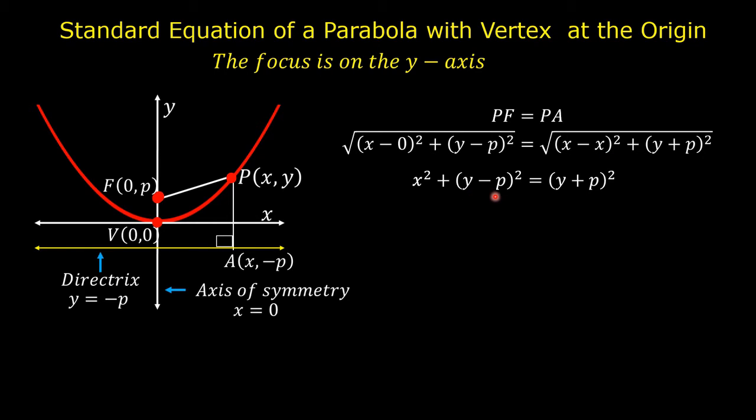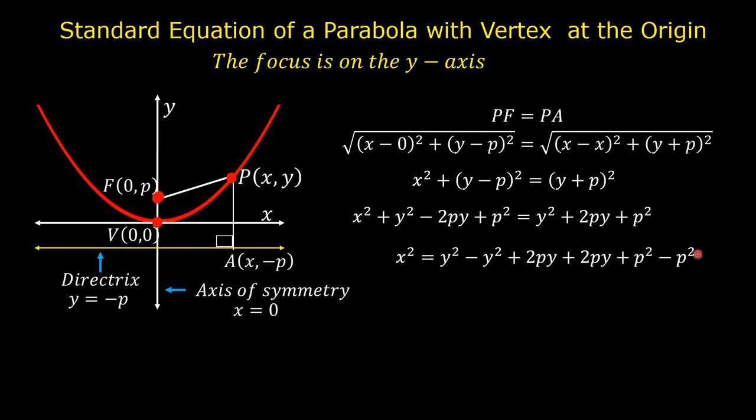Squaring y minus p and y plus p, we have x squared plus y squared minus 2py plus p squared is equal to y squared plus 2py plus p squared. Solving for x squared, we have x squared is equal to y squared minus y squared plus 2py plus 2py plus p squared minus p squared.